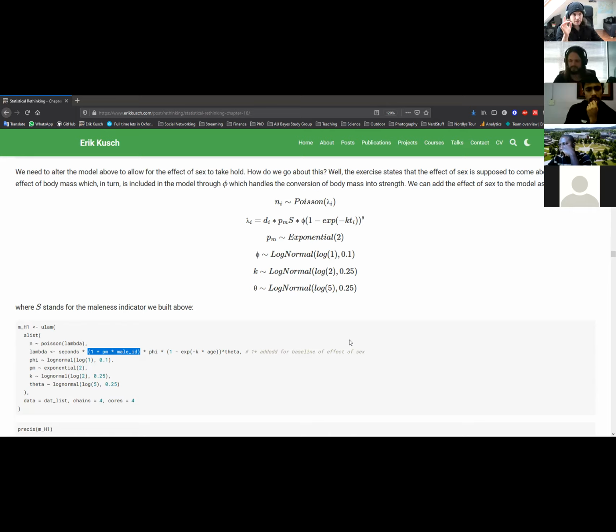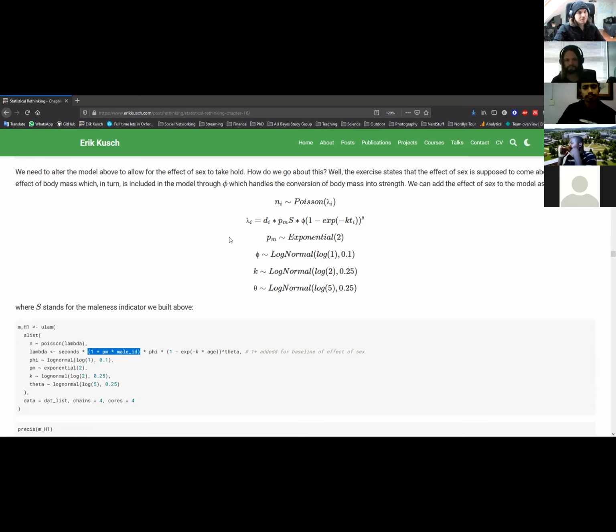Yes, I think so. So what we're settling on is that there are multiple ways of solving this. One is tackling the actual mass thing right here, which comes in with the EXP, and the other one is attacking it with the scaling factor that tries to relate mass to strength.